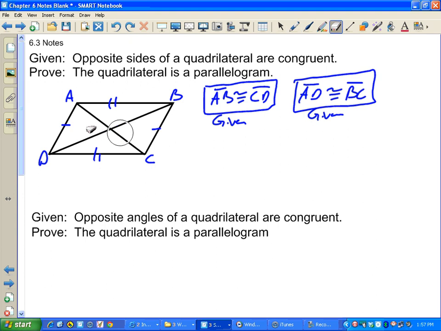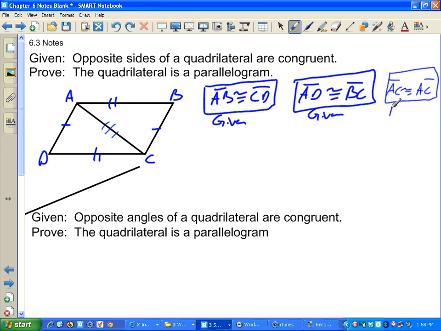So what I'm going to do is ignore one of these diagonals for now, and I'm just going to look at these two big triangles here. If I do that, I can mark this side congruent to itself by the reflexive property. So I can say AC is congruent to itself, from reflexive.